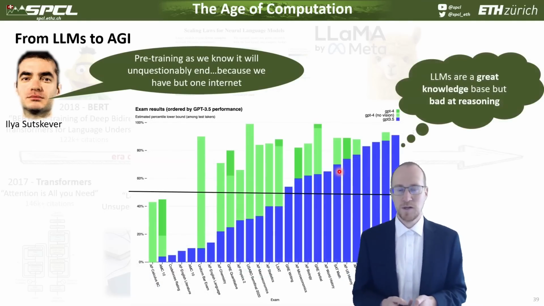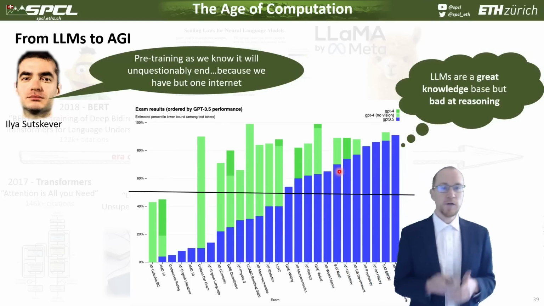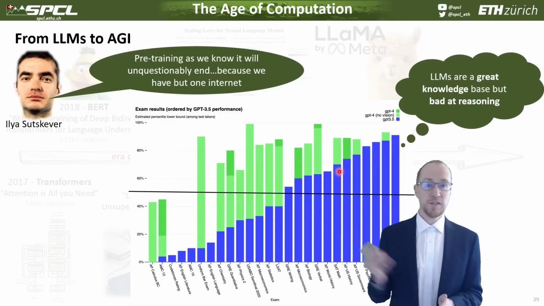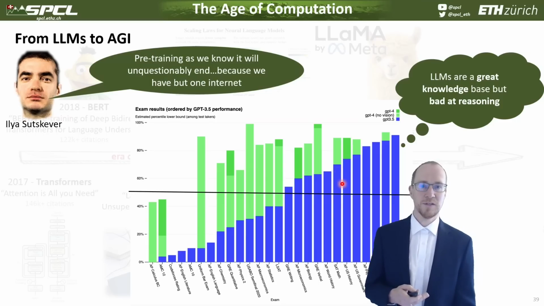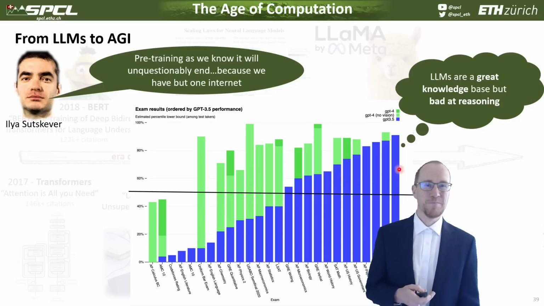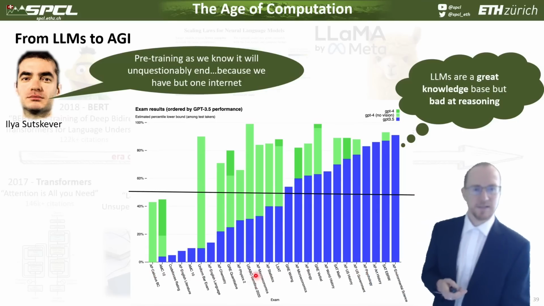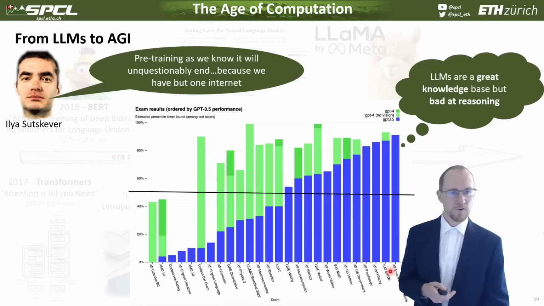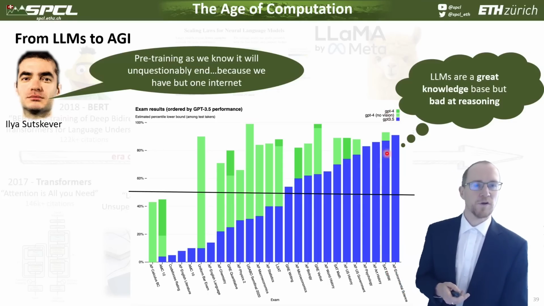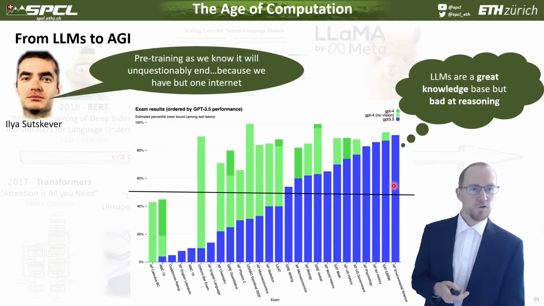So what do we do? Well, first of all, we recognize that we have a model already. That's the GPT-4 paper. That's the key plot from the GPT-4 paper, which basically said that LLMs are great knowledge bases. Each of these bars is a human test, and we compare the performance of the GPT-4 model and the GPT-4o model with human test takers.